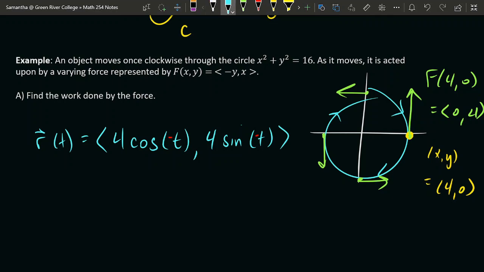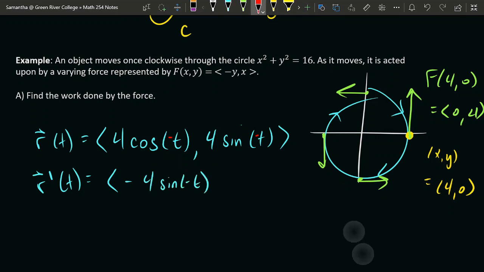Now that we have found r of t, a parameterization, let's go ahead and find r prime of t. Now we have to be extra careful here because our input is negative t, chain rule is lurking. So for example, the derivative of 4 cosine negative t would see two negative signs appear, the negative from the derivative of cosine, and then another negative from the derivative of negative t.